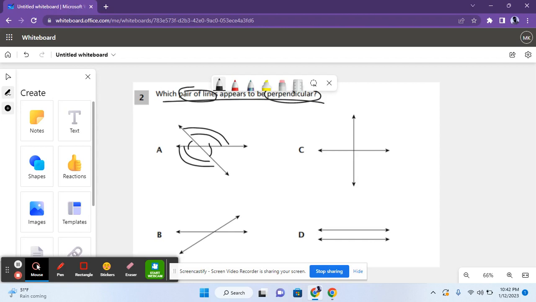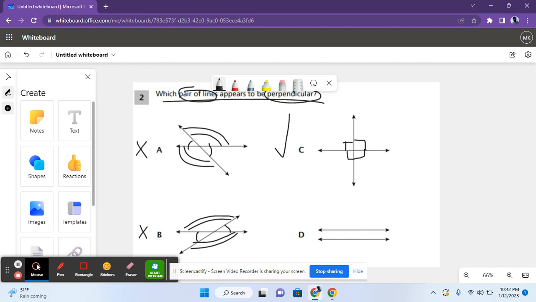There's no 90-degree angle in A, so A is not a correct answer. For B, there are 2 acute angles and 2 obtuse angles, so B is not a correct answer either. For C, there are 1, 2, 3, 4 right angles, so C is a possible answer.